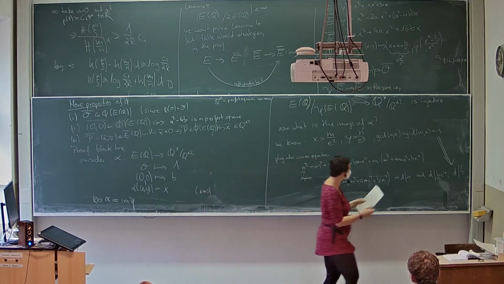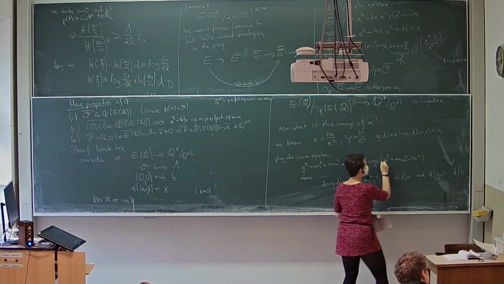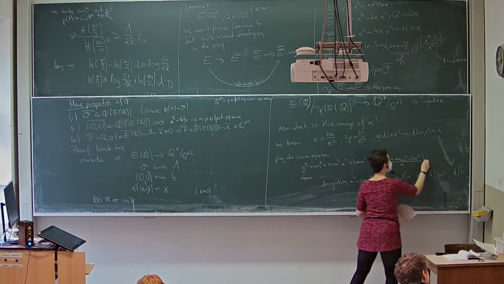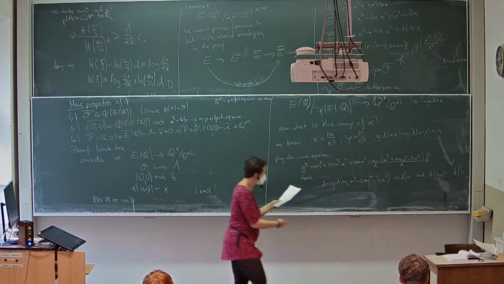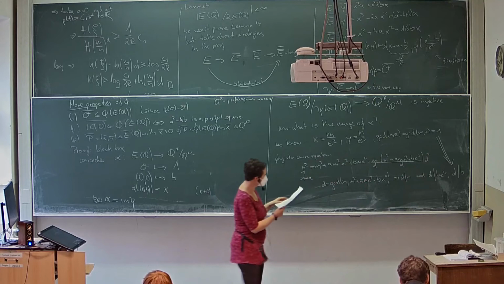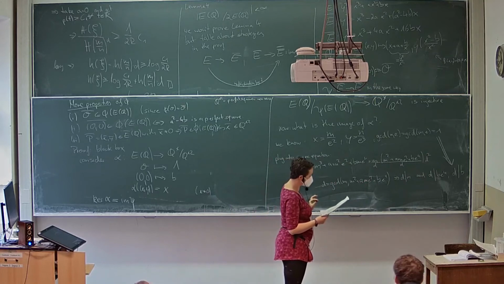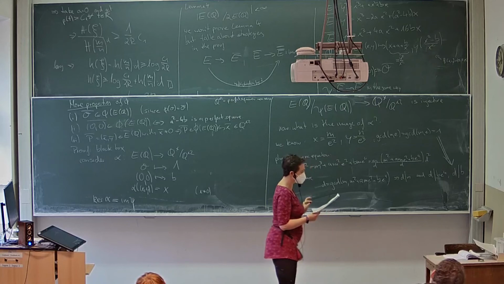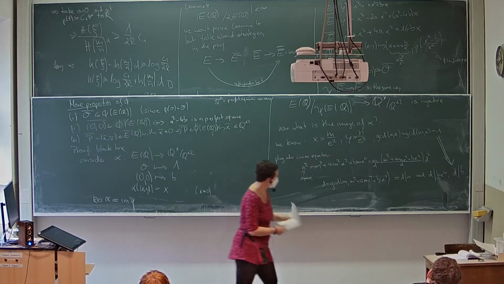We can just divide here by D. And now we consider all the primes that divide M and not b.